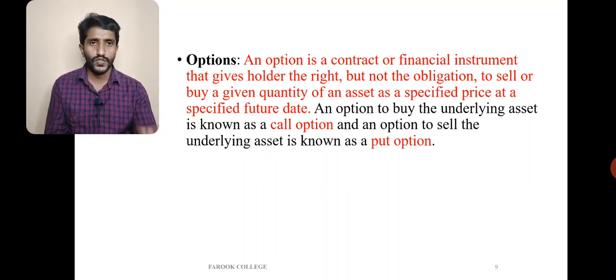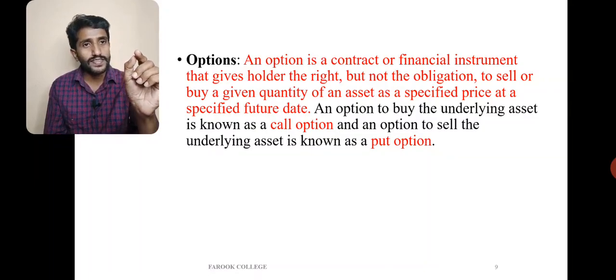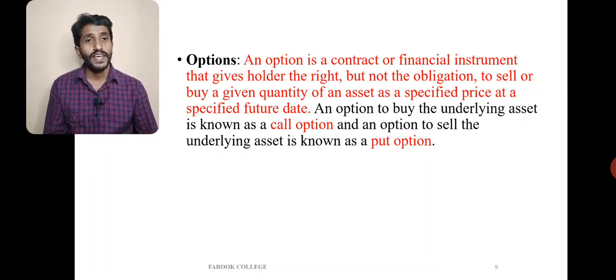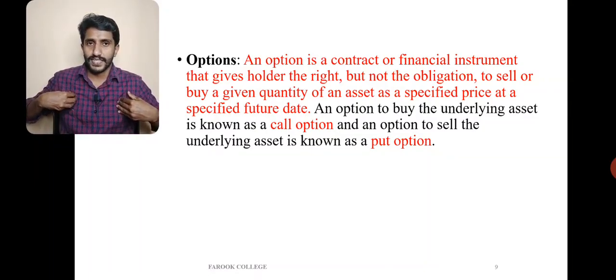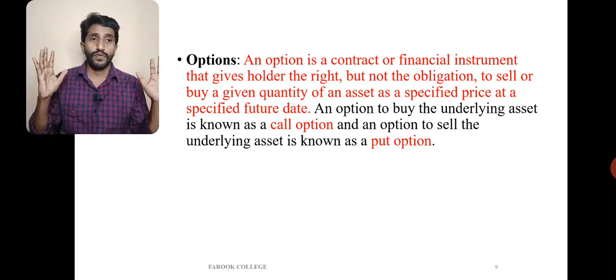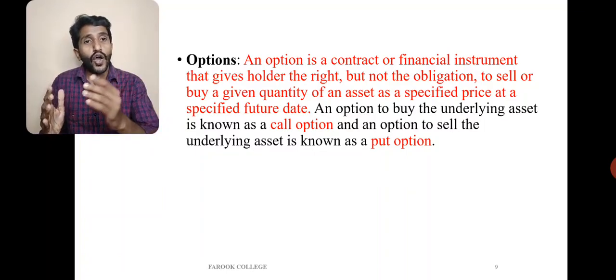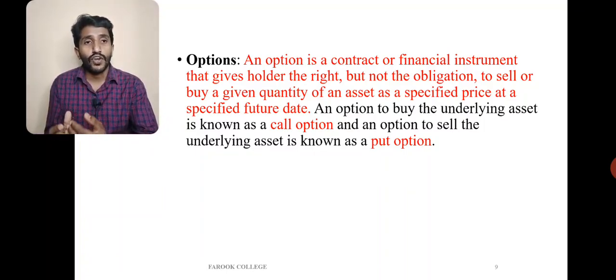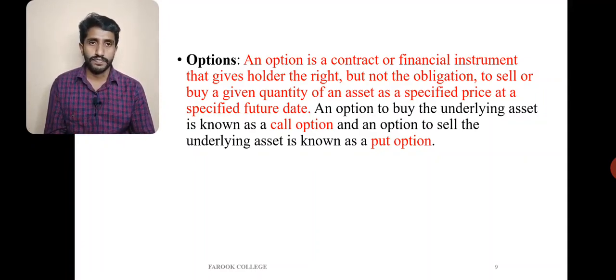That's why it says an option is a contract or financial instrument that gives the holder the right. I have the right to continue with this contract, but not the obligation. If I want to withdraw, I can withdraw. To sell or buy a given quantity of an asset at a specified price at a future date.